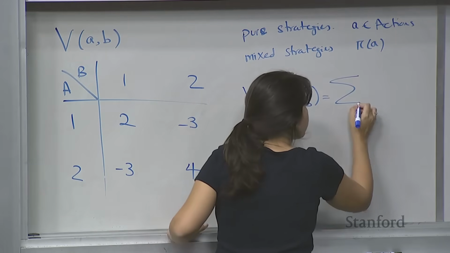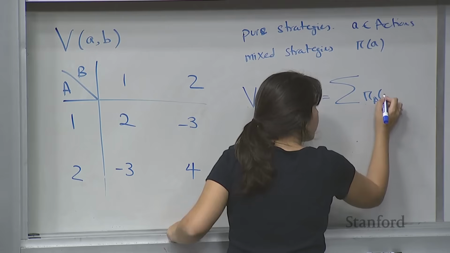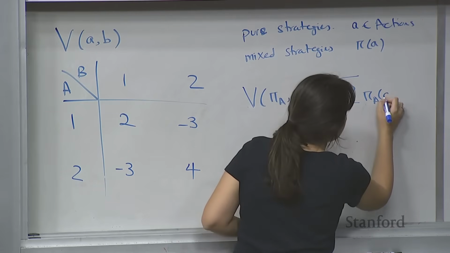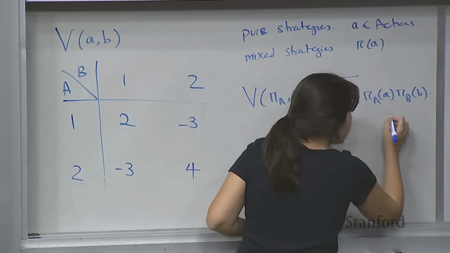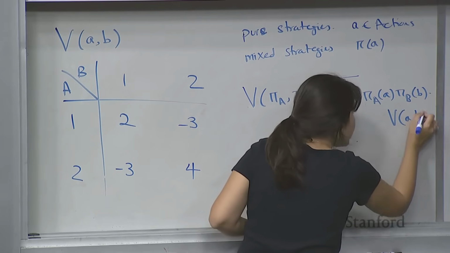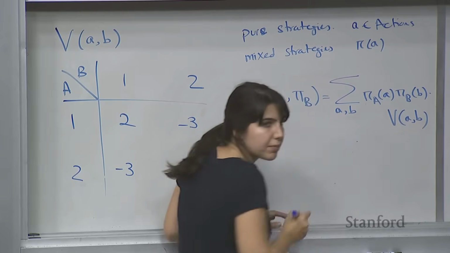Well, that is going to be the probability that pi A chooses action A and pi B chooses action B, times the value of choice A and B, summing over all possible A's and B's.